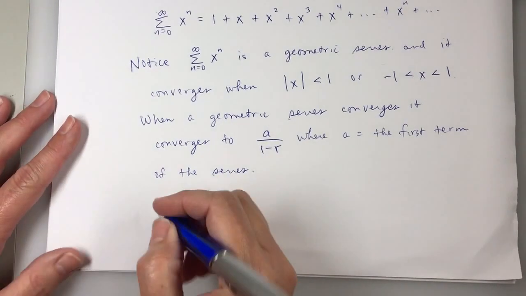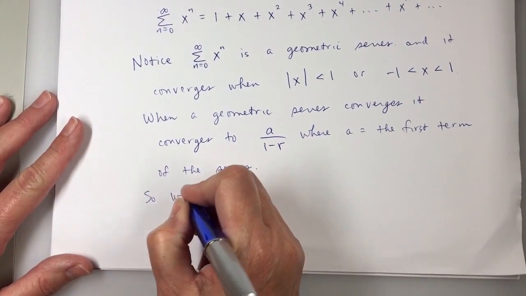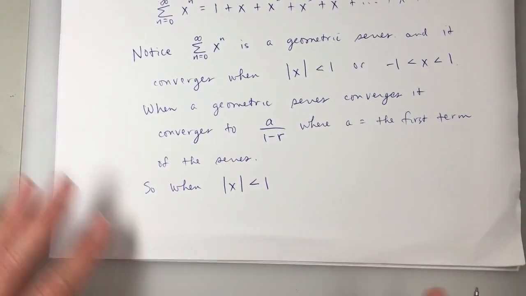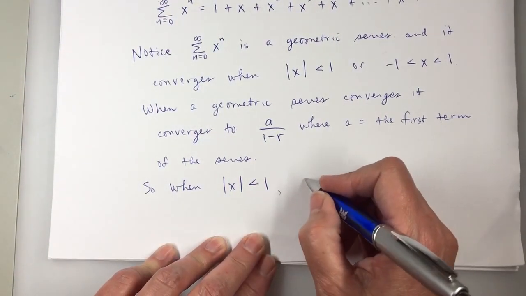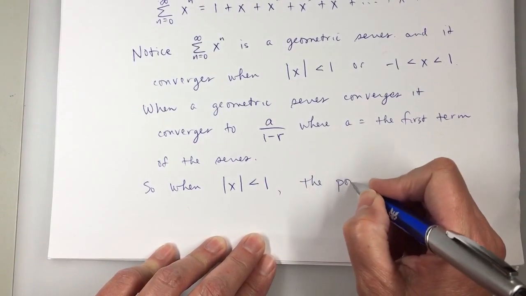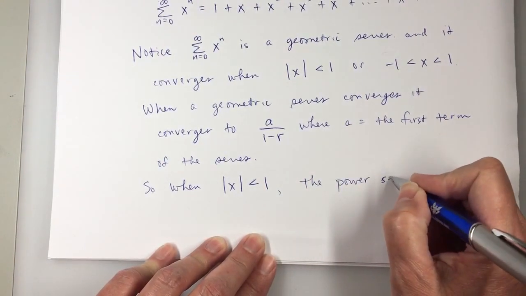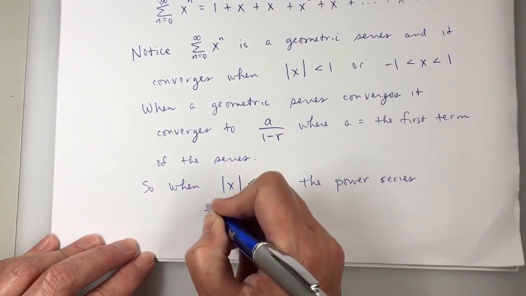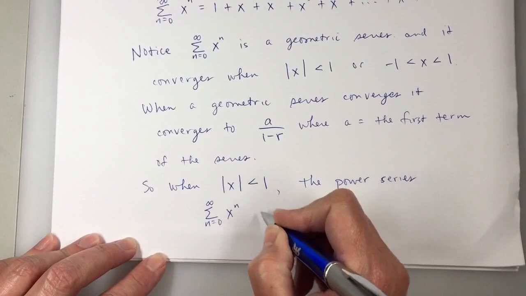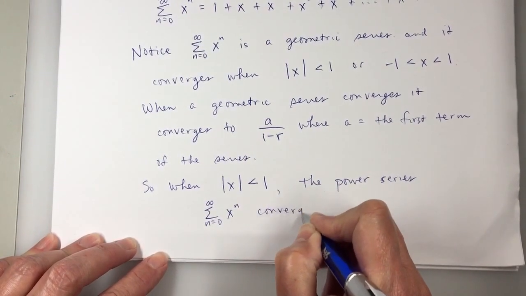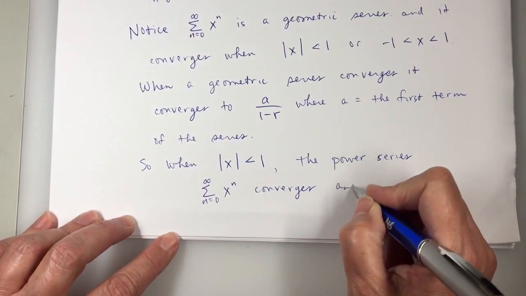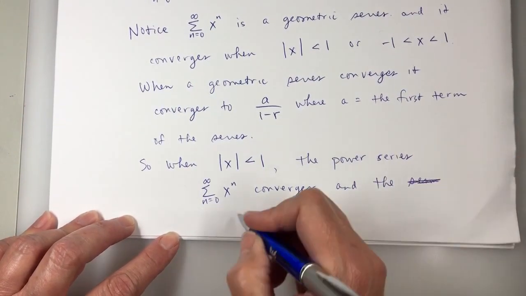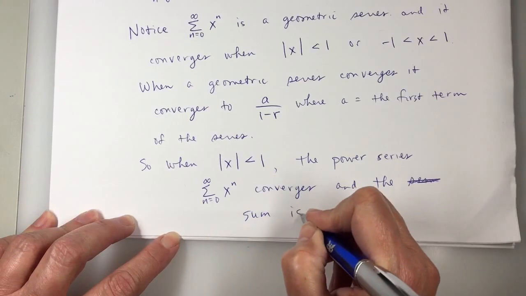Write this. So when the absolute value of x is less than 1, the power series, the sum as n goes from 0 to infinity of x to the n converges, and the sum is what?